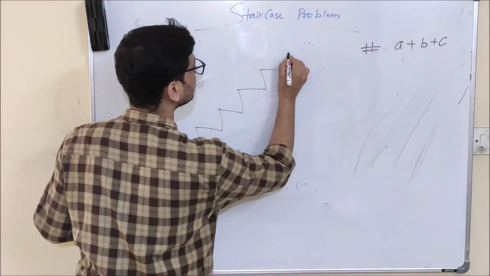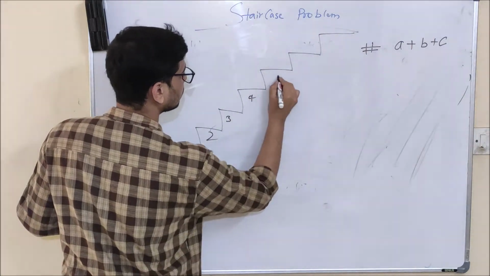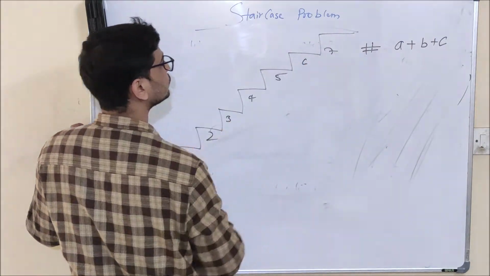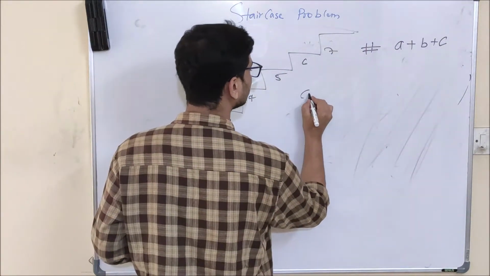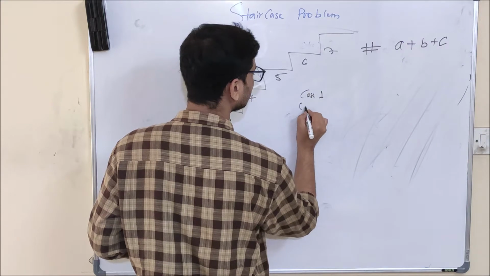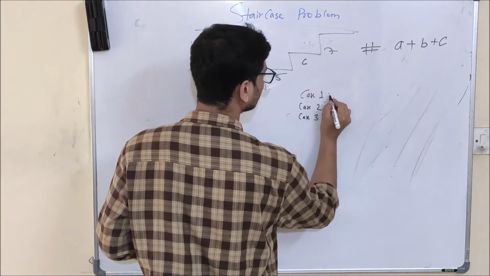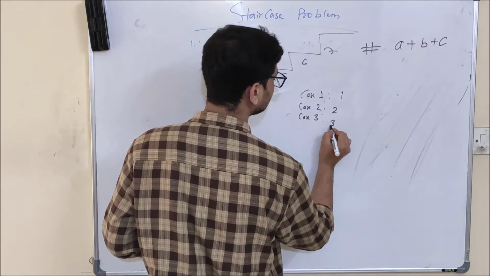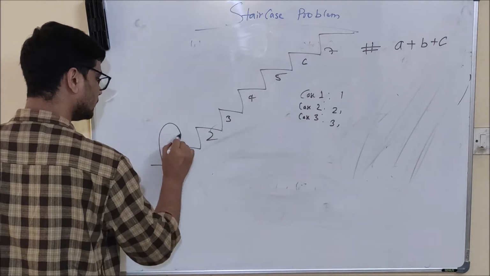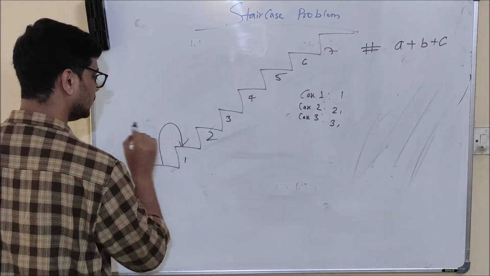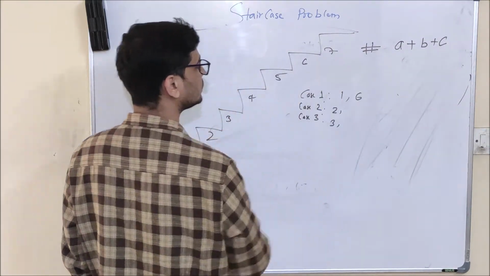3, 4, 5, 6, 7. So here also I will have 3 options. Case 1, case 2, case 3. 1-step jump, 2-step jump, 3-step jump. If I take a 1-step jump, I will reach the top of the first step, and the number of steps remaining will be 6.